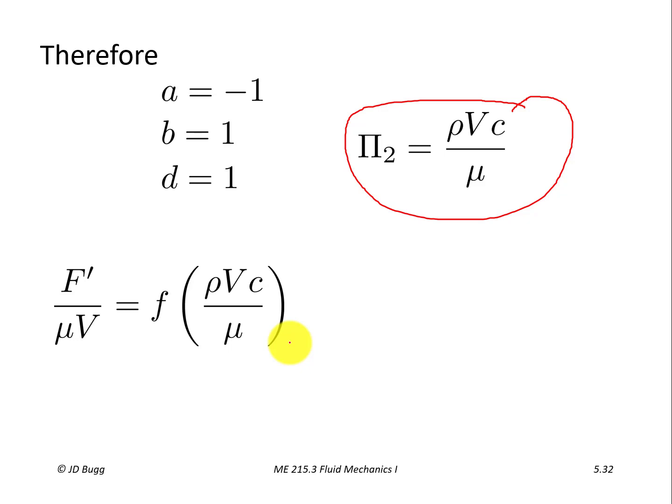Now, the convention in aerodynamics is to use the first version of this, where we got a conventional drag coefficient over here, but this particular choice also has some application in industry.